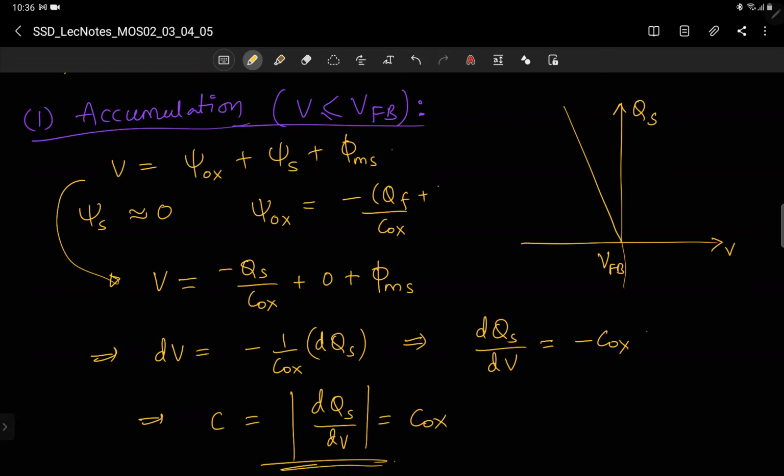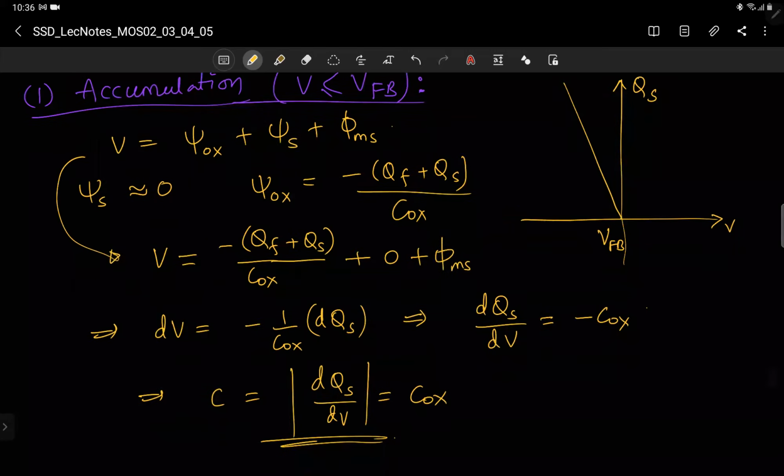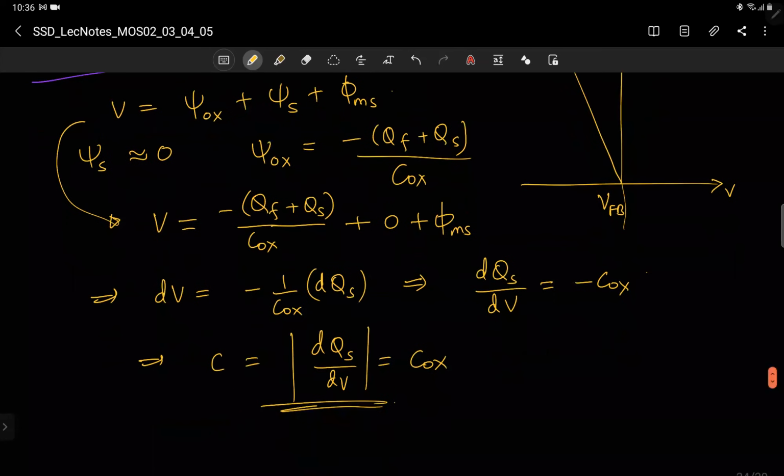Psi ox is QF plus QS by Cox, and psi s is approximately 0 plus phi ms. Now if you take the derivative, dV is equal to minus 1 by Cox times dQs.